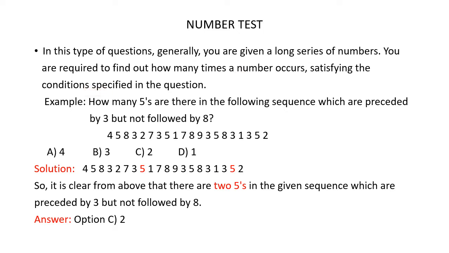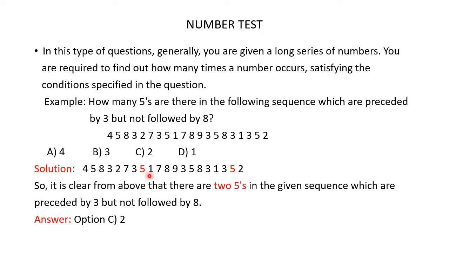For example, how many fives are there in the following sequence which are preceded by 3 but not followed by 8? Here you are given a sequence of digits and you have to find out how many fives are there in this sequence which are preceded by 3 but not followed by 8. You are given 4 options and you have to find out which of these options is the correct one.